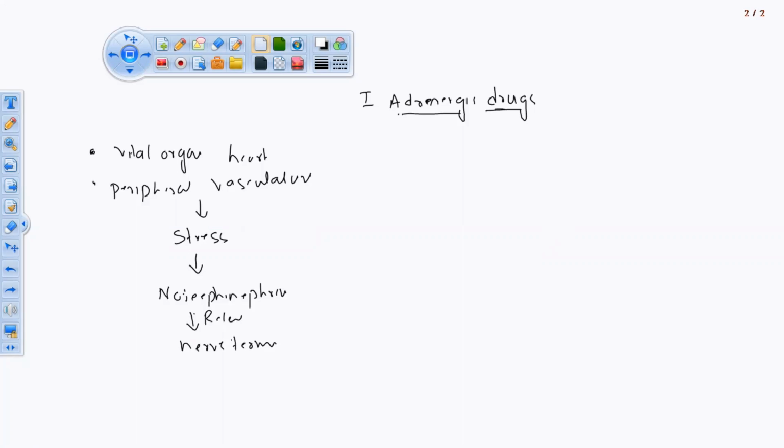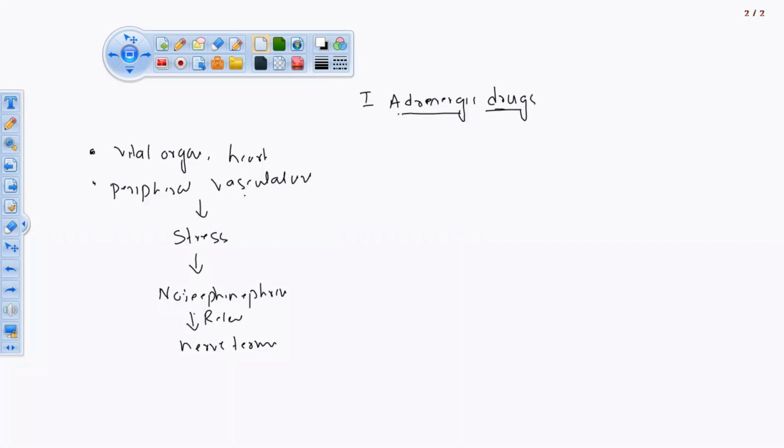These are small things, but very useful when the importance of the drug comes. The nerve terminals serve to activate the adrenoreceptor. The adrenoreceptor has the capacity to control the adrenergic system, which includes important parts like the vital organs, the heart and the peripheral vascular system.